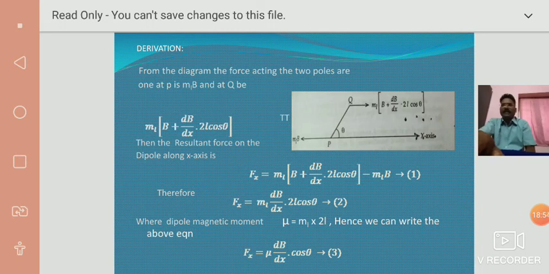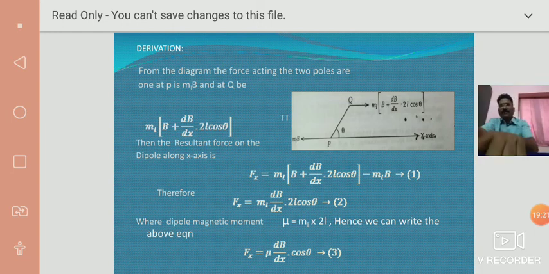Here at P, the pole strength is represented by p. The pole strength into magnetic field B, pB, represents the force at P. There is no change of magnetic field at P. At P, the magnetic field is B. At Q, the magnetic field becomes B plus dB by dx.